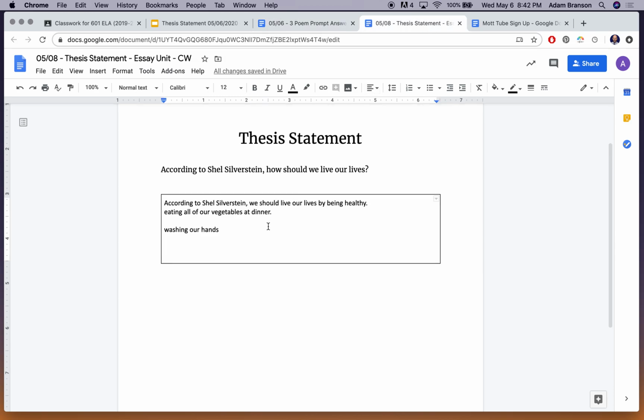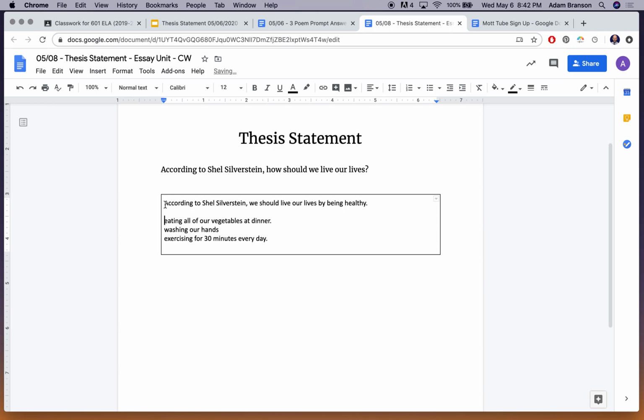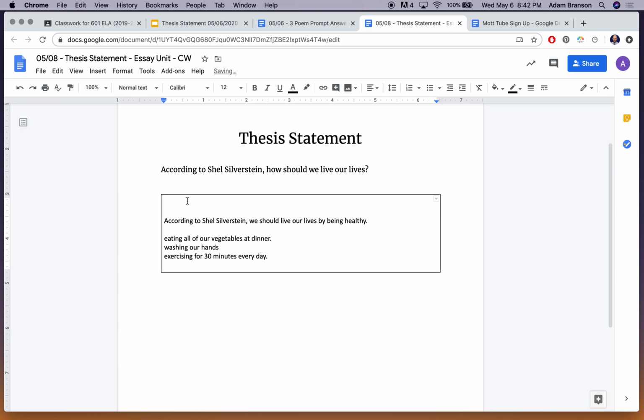All right, so now I have everything here in one place. So I'm going to look at my answer. I'm going to try to make this into a better thesis statement, a thesis statement that is specific. If I look at this, we should live our lives by being healthy. That isn't very specific. So I'm going to put, according to Shel Silverstein, we should live our lives by.